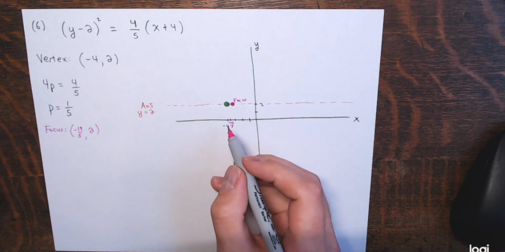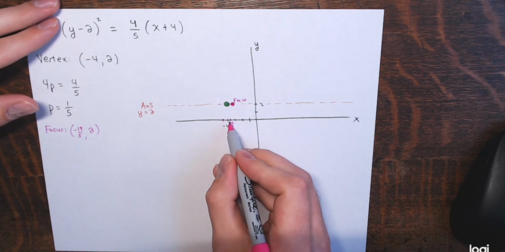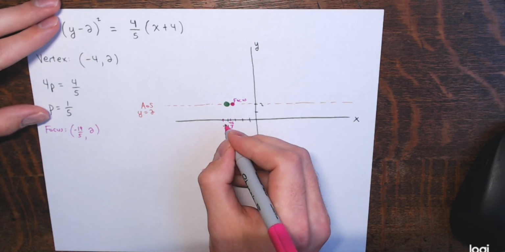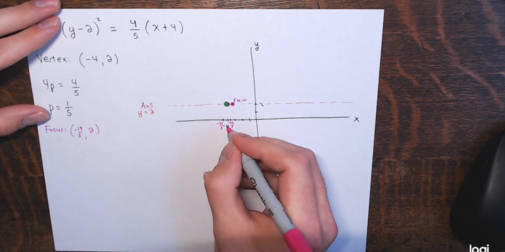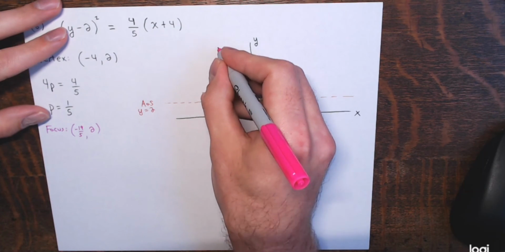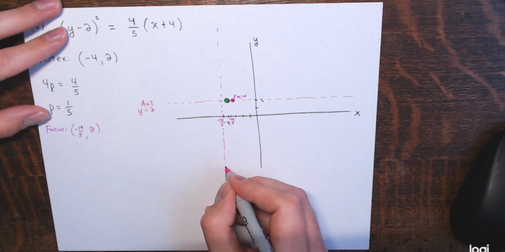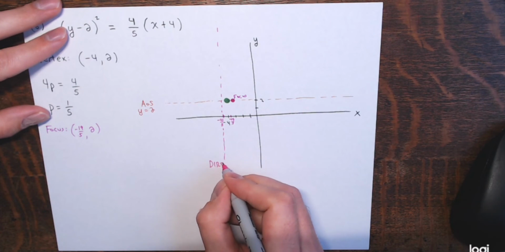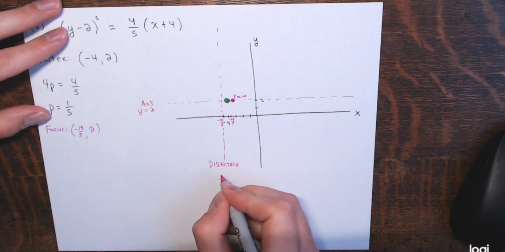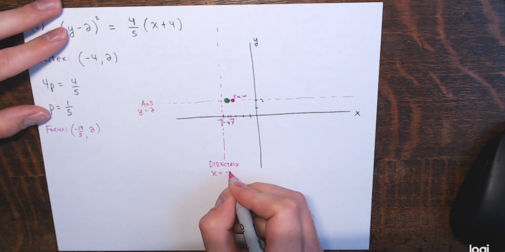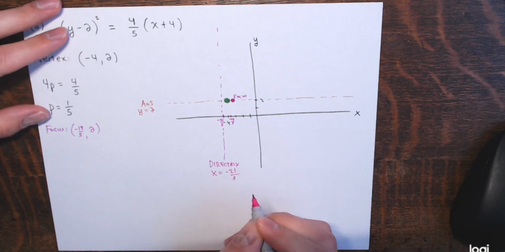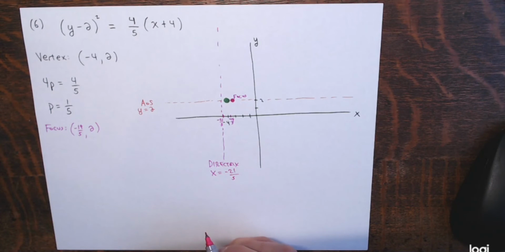And then the directrix would be 1/5 of a unit to the left, so negative 21/5, and vertical. So here's the directrix, a vertical line, x equals negative 21/5, only 1/5 of a unit to the left of the vertex.